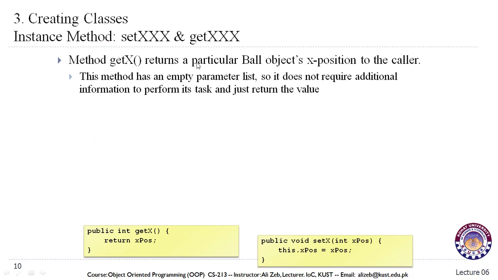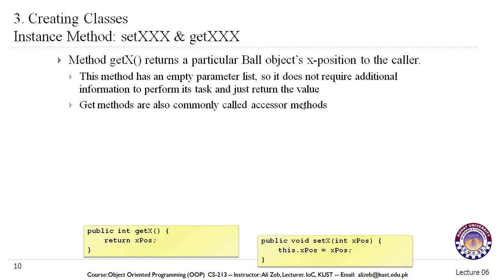This method has an empty parameter list as we can see over here, so it does not require additional information to perform its task and return the value. So we do not need to pass anything to this method, we just want to use this method to return the value of our instance variable.